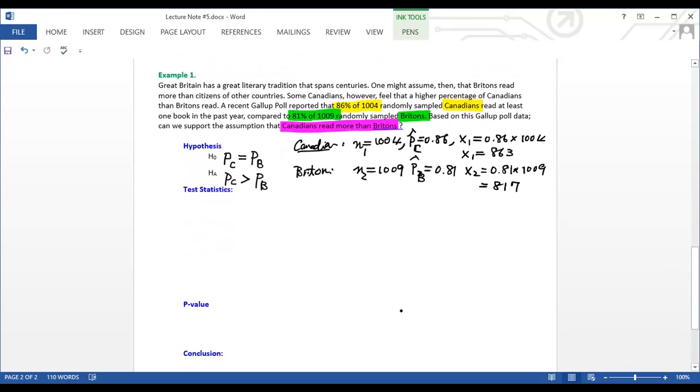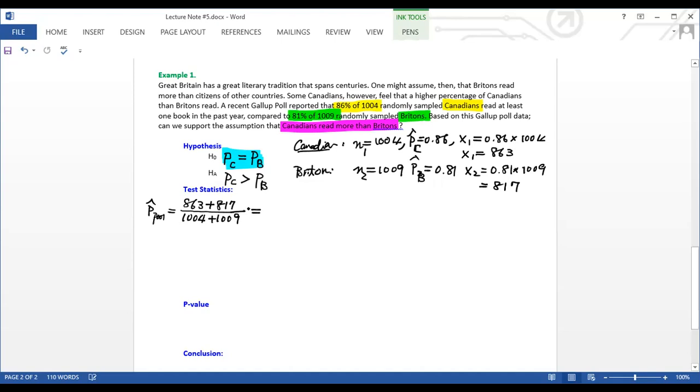Now let's take a look at the test statistic. Because we are testing whether they are equal, we need to pool. How do I find P hat pooled? You add X1 and X2, so 863 plus 817, and the bottom is N1 plus N2, so 1004 plus 1009.